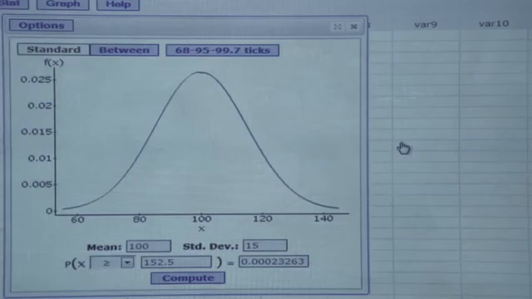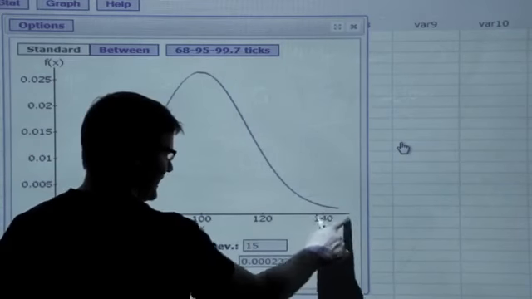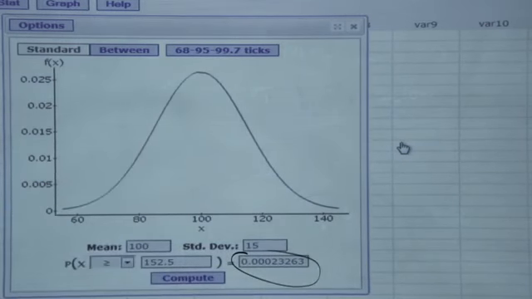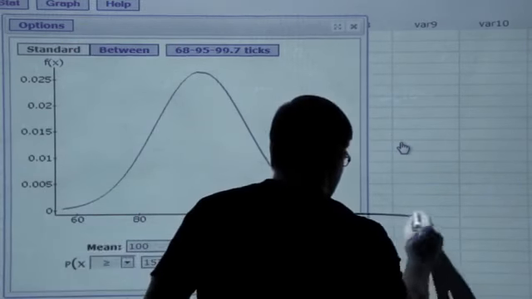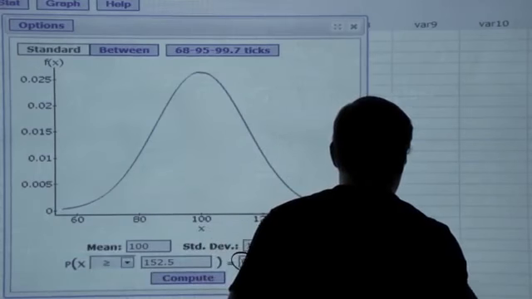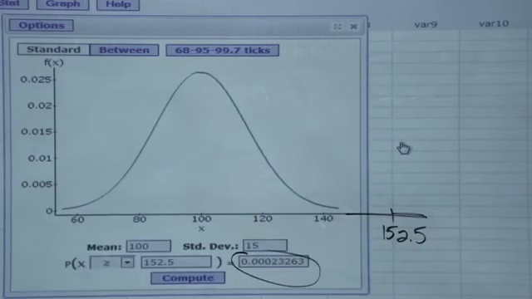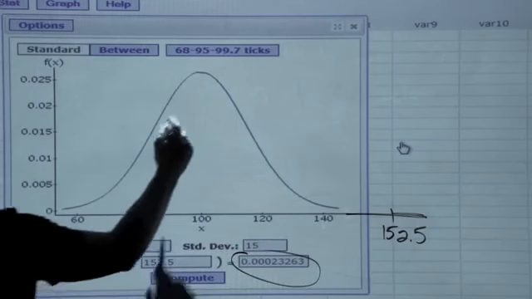I hit calculate. And, well, you can see the graph only goes to 140 plus a little bit more. Nothing's shaded in red that you can at least see on the screen, but this is the correct answer. Somewhere out here is 152.5, and it's shading that little itty bitty piece there. The number I have here is 0.0002.